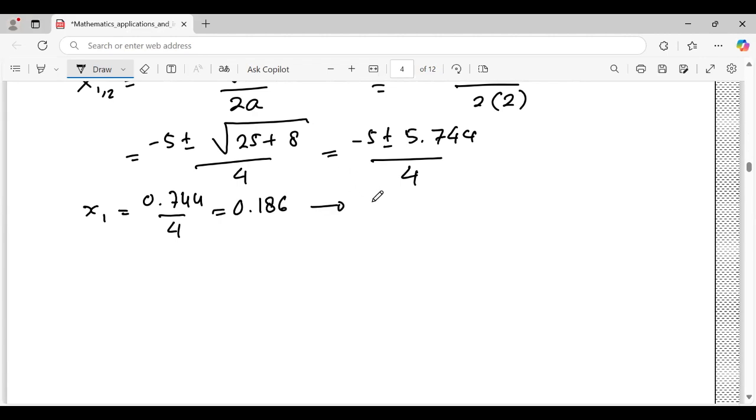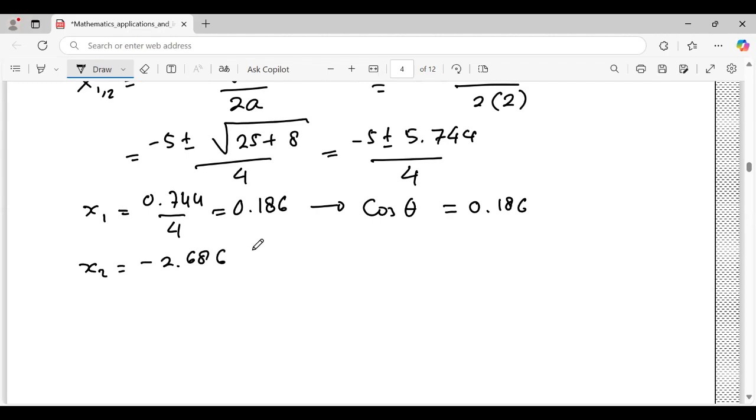So it means cosine theta was 0.186. X2 is minus 5 minus 5.744, the result is minus and divided by 4, minus 2.686.